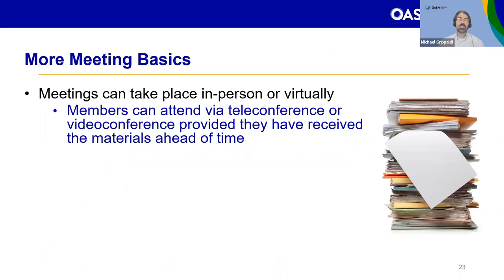As mentioned earlier, meetings can take place in person or virtually, and either is permitted by the regulations. We've offered guidance permitting virtual attendance, provided that those who are not in person have received the necessary materials ahead of time. And in reality, all members should review the materials ahead of time, right? Members who have not reviewed the materials for an IRB action should recuse themselves from the voting because they don't have the information to be able to provide an informed decision and an appropriate vote.